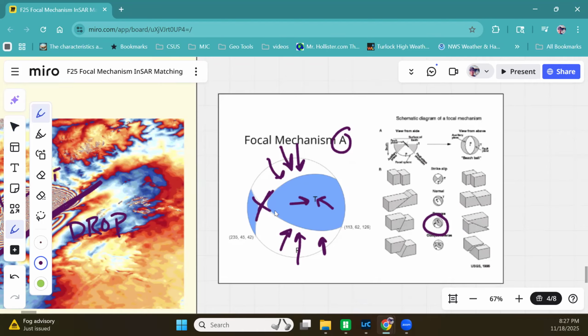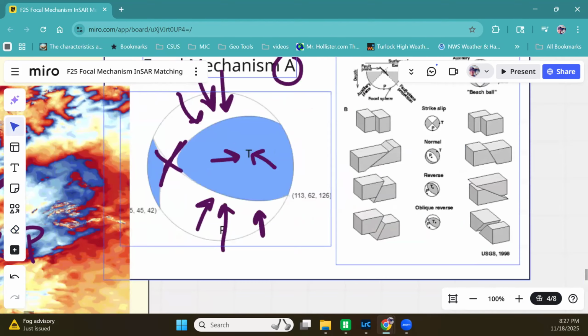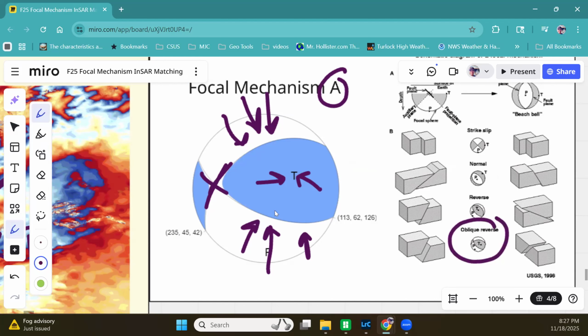It's not a perfect reverse fault like you see in the example that I circled over there. What you do notice is it mostly looks like a reverse fault, and there's another example down there. It's called an oblique reverse fault.